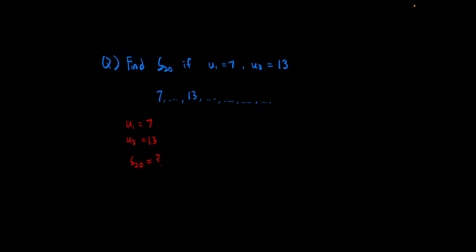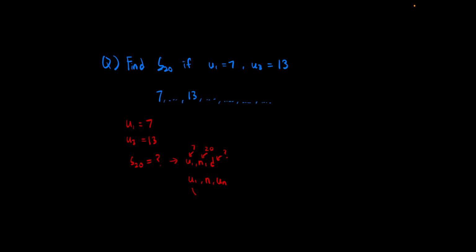And what we're trying to do here is identify what other variables we need in order to solve this. If you recall the two formulas we need, you can either have u_1, n, or d, or you can have u_1, n, or u_n. Right now, we have u_1, which is 7. We have n, which is 20, but d is unknown.